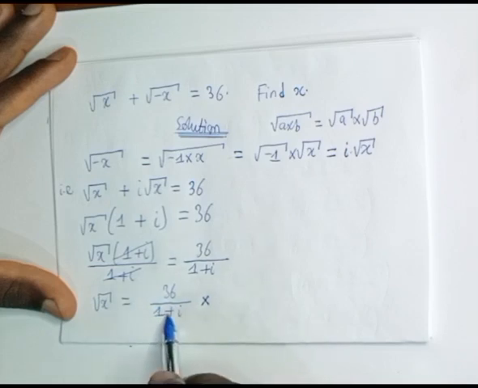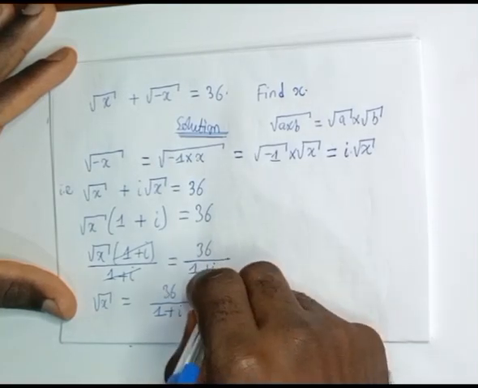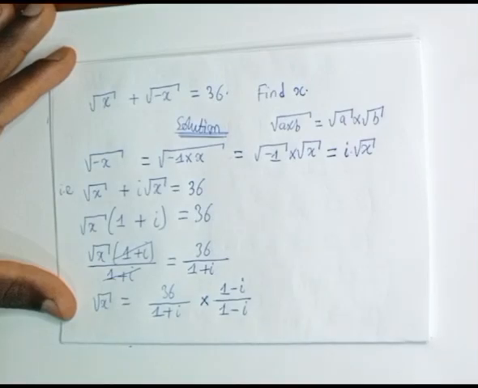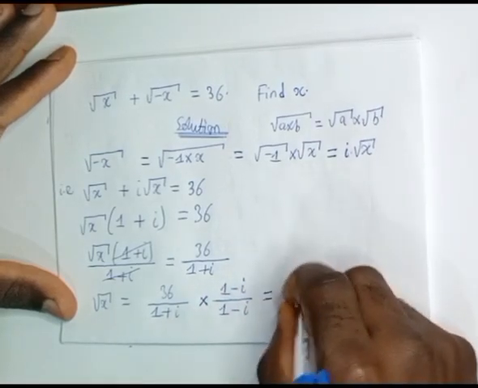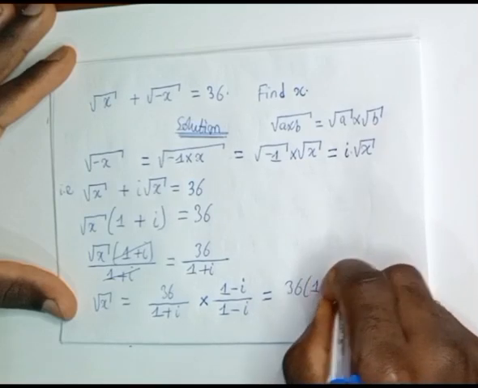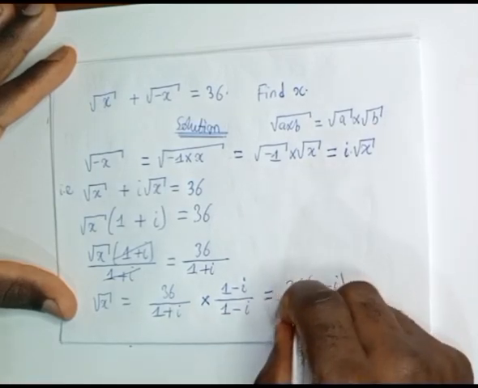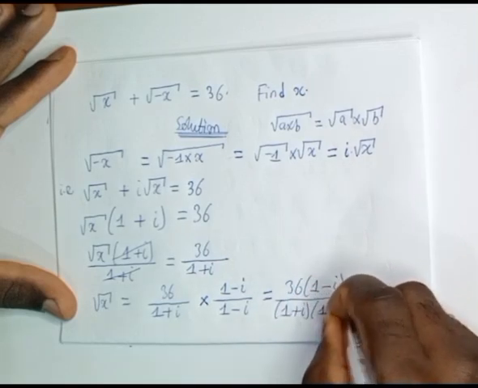The conjugate of 1 plus i is simply 1 minus i, times 1 minus i all over 1 minus i. And this will simply be equal to 36 times 1 minus i all over 1 plus i times 1 minus i.